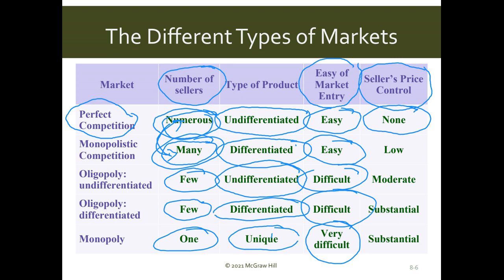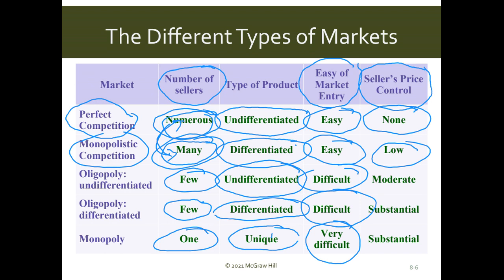For monopolistic competitive market structure, the seller's price control is low, but it's not none. They do have some control over price, because if you go to a Turkish restaurant in Calgary, the restaurant might charge you a slightly higher price, higher than its marginal cost. Why? Because they argue that our food is different from other Turkish restaurants.